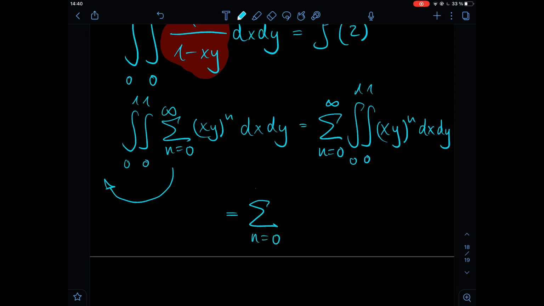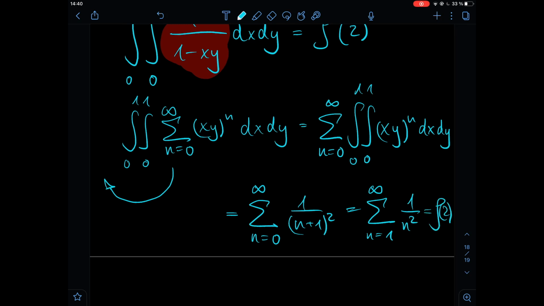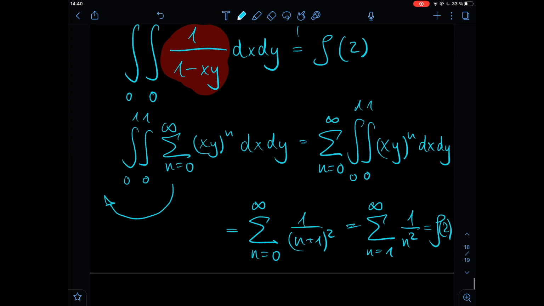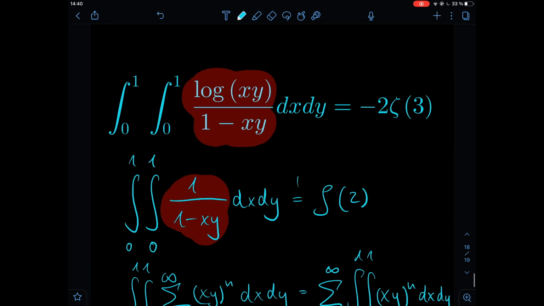Eventually what we get is 1 over n plus 1 squared. And if we perform a shift of the index, so that the index starts at 1 and goes up to infinity, then we have 1 over n squared, and this is the zeta function of 2. So how are we going to use that now to prove the formula above here?